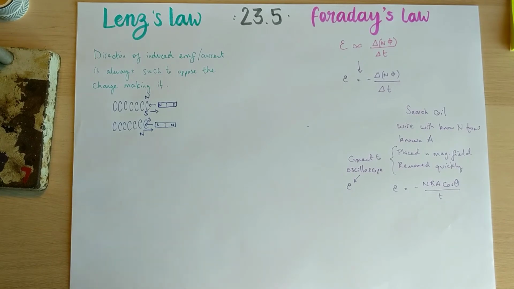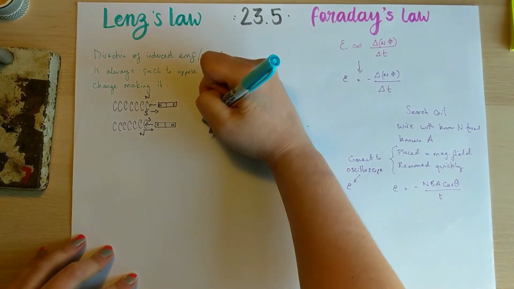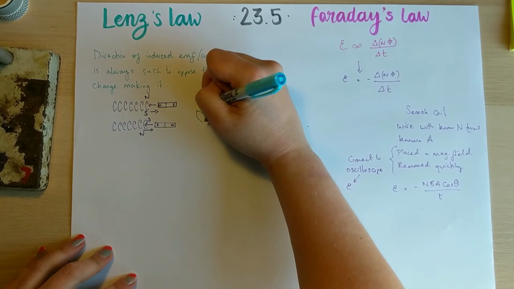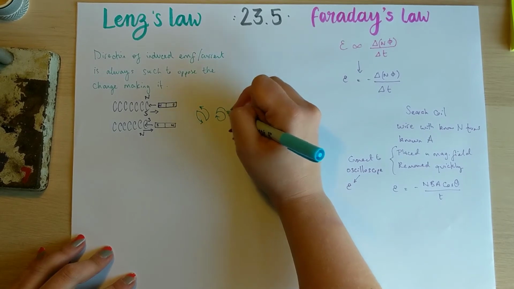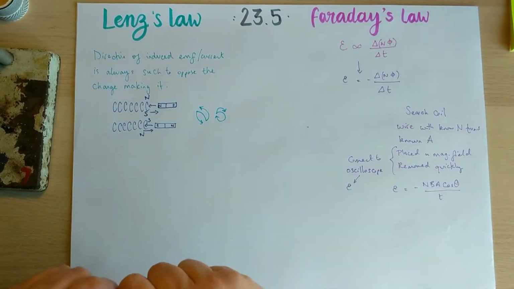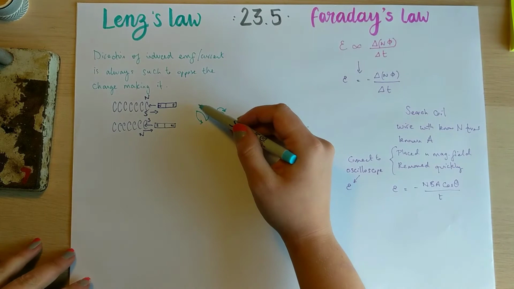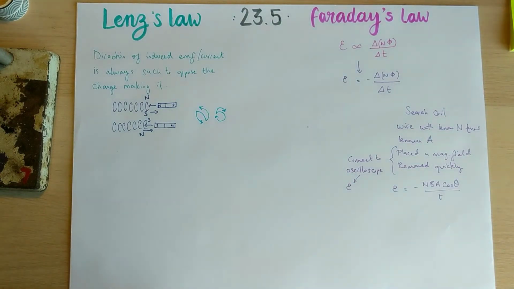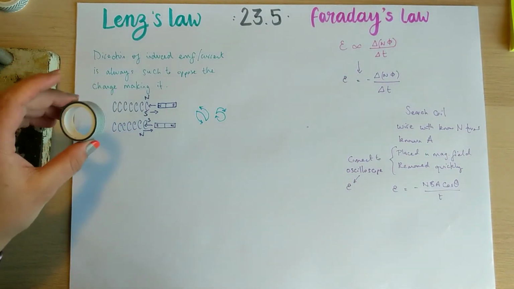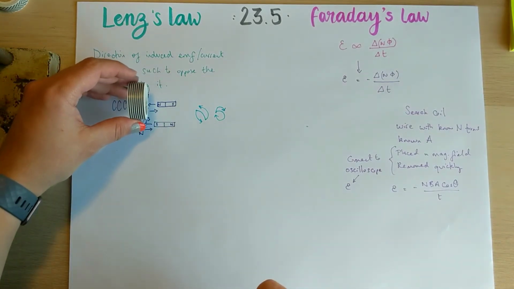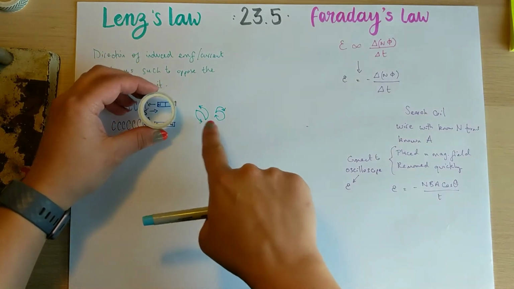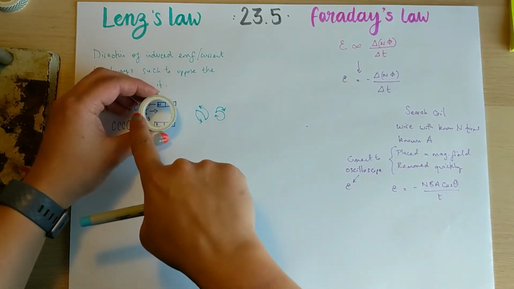So how does this actually link to the EMF or the current? Well, you might remember from GCSE these funny diagrams that we drew, where you imagine the end of the coil, and the pole shows the direction that the current would be going. So if we take a roll of tape and imagine that this is like that last coil, if it's north, can we see that the arrows are going anti-clockwise?